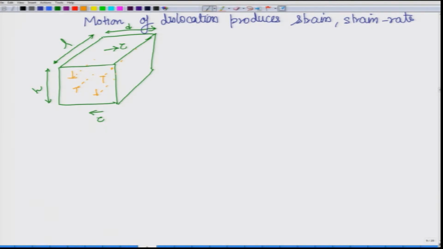Now, under the effect of this stress, what will happen? All these positive dislocations will move like this, negative dislocations will move like this, and the final shape you will get would be something like this in the cross section.